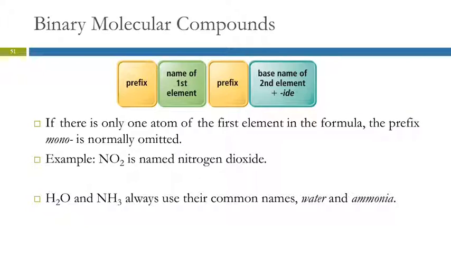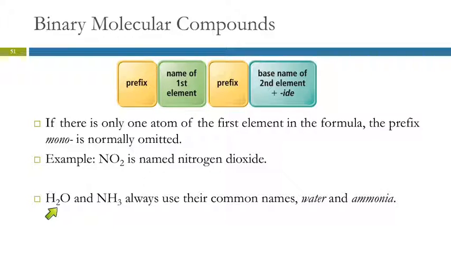Now, just like we've eliminated the number 1 in several other areas, if there's only one atom of the first element, the prefix mono is generally left out. So, for example, NO2, instead of calling it mononitrogen dioxide, we leave the mono off the first one. Frequently for the second element, the mono is used. Okay?